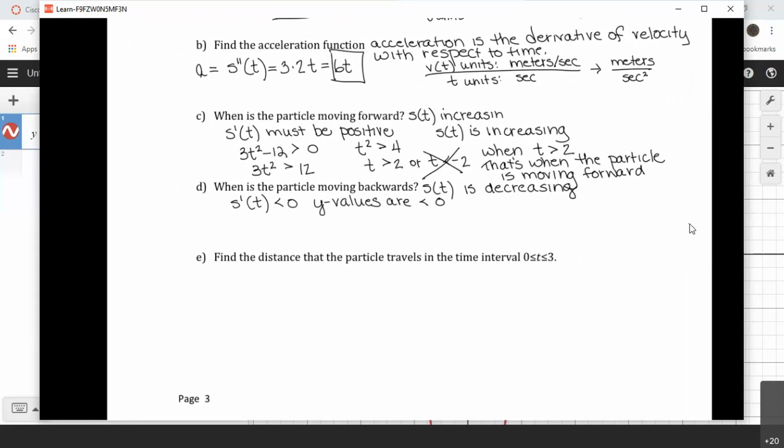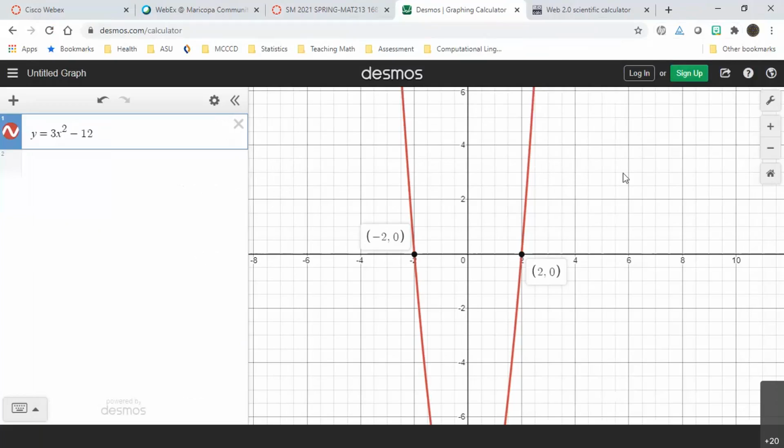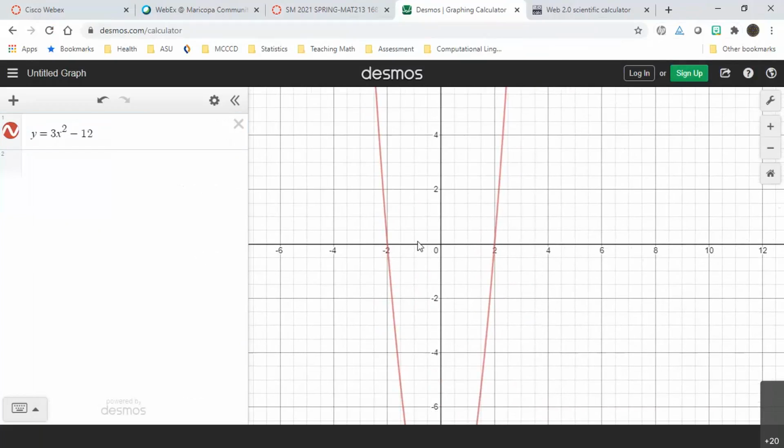Let's take a look at the graph again. Where's my derivative negative? Look at this graph. Where is the derivative, which is graphed, negative?